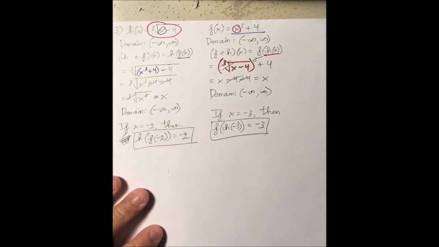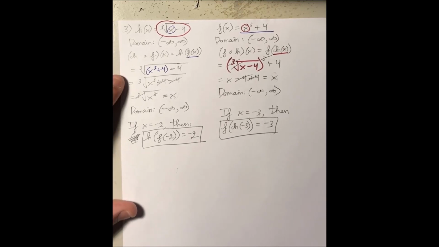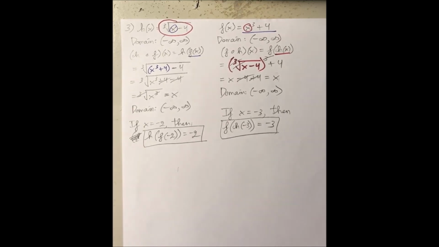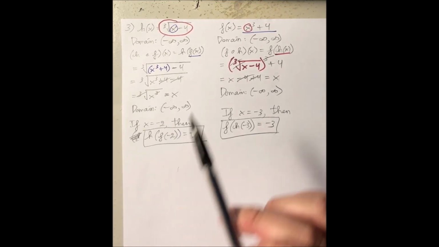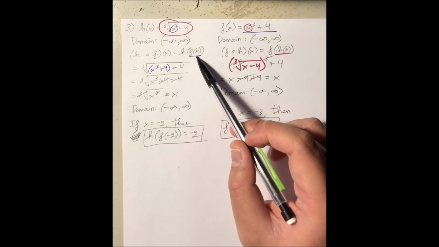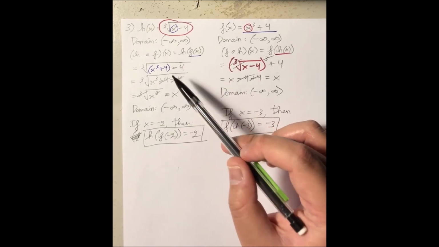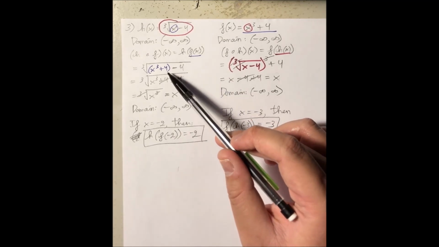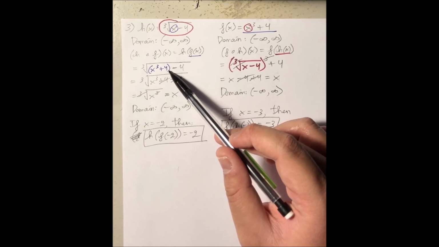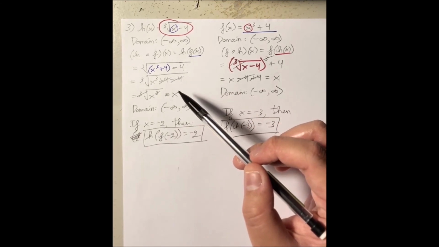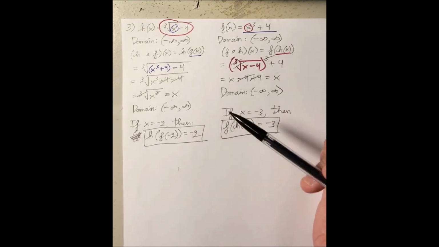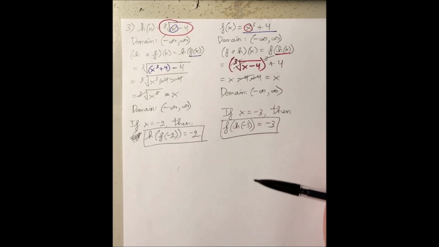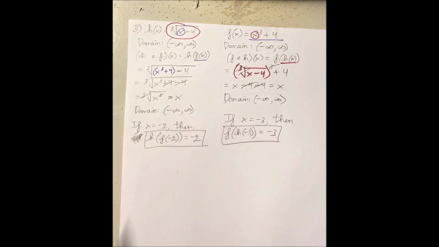So again, the most difficult step is finding the domain of the composition of functions. As mentioned in the previous 2 videos, when you find the domain of the composition of functions, you particularly want to find the domain of the inside function once you plug it in, and see if the inside function's domain is going to have any restriction, meaning x cannot be equal to this number or that number. If it does, you want to include it in the result.